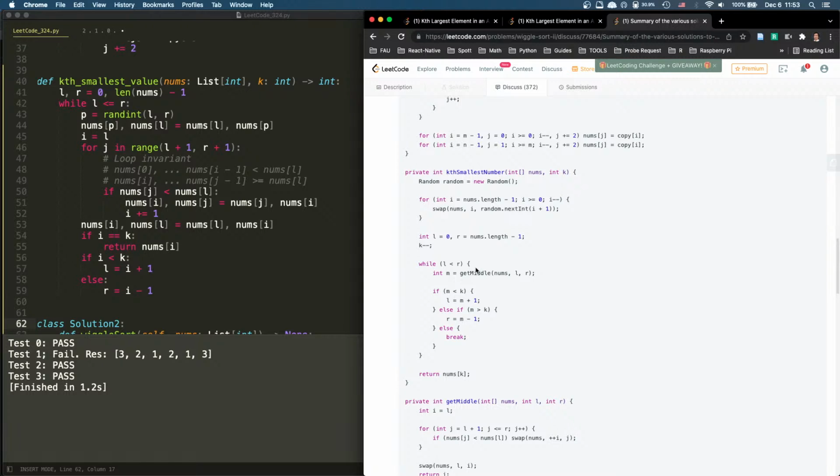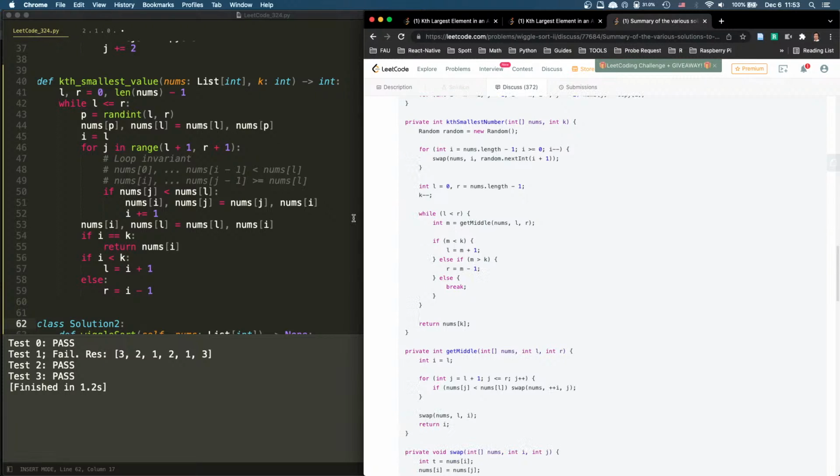I equals L. If it's smaller, then we swap. Oh, I need to plus equal 1 first. True. I need to plus equal 1 first.